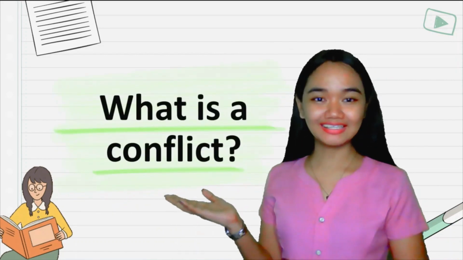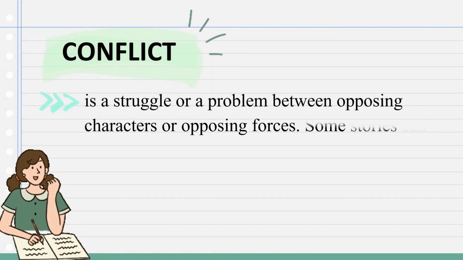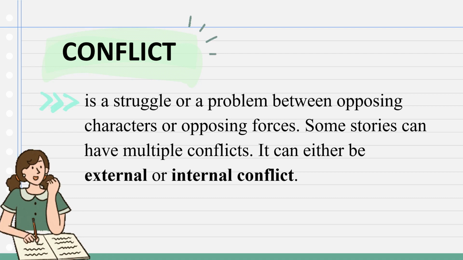Now that we can identify a protagonist and an antagonist, we can now understand more about conflict. So what is conflict? Conflict is a struggle or a problem between opposing characters or opposing forces. Some stories can have multiple conflicts.